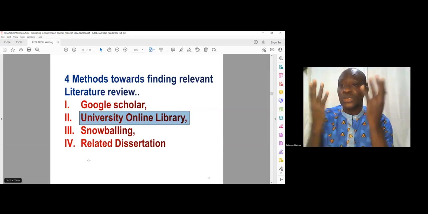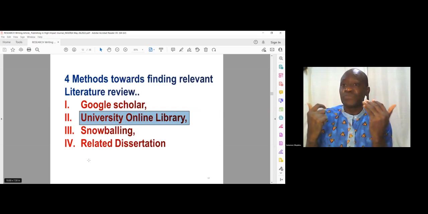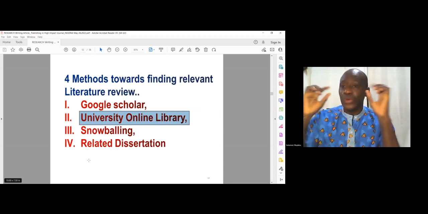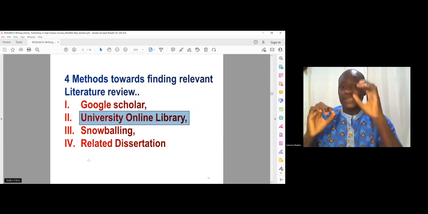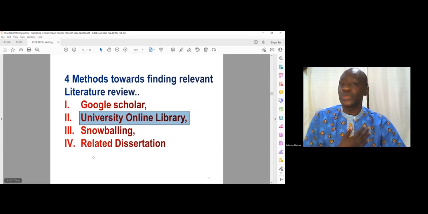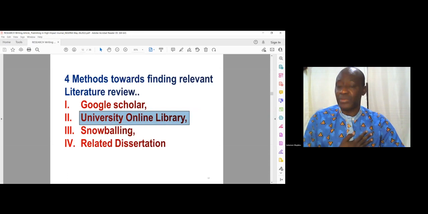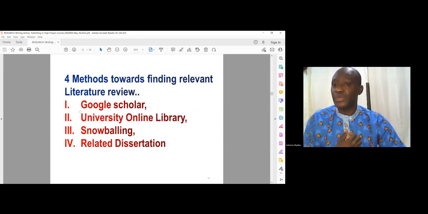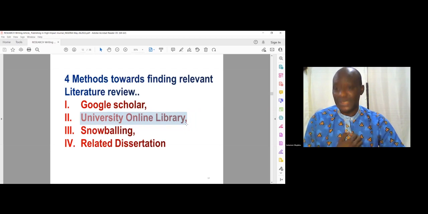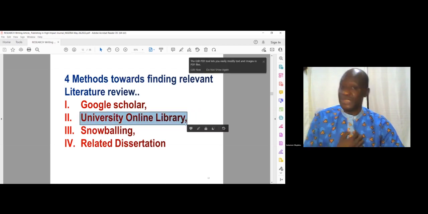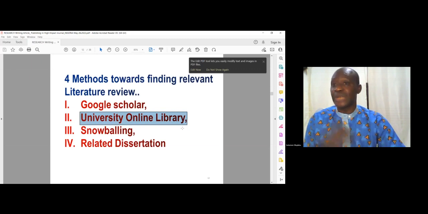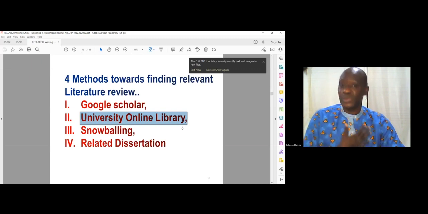You cannot access them. So once you have the title of that particular article, you can use your university online library. I'm sure people in UTM really enjoy this because I enjoyed that as well. Even up to now, when I need to download documents, I will contact people from UTM or UTHM to help me.